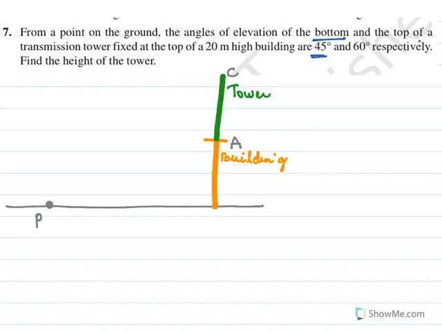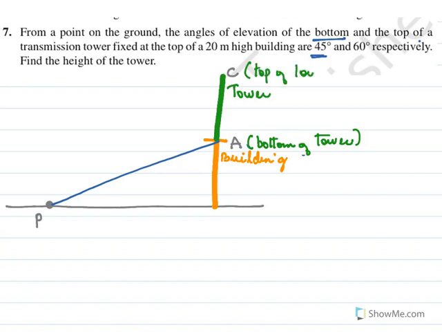From point P, I'm looking at the bottom here. A is the bottom of the tower, and this is the top of the tower. So when he's looking at the bottom of the tower, he's making an angle of 45. So this is angle 45, the angle of elevation. This is his line of sight. He's looking at the bottom of the tower. Then he looks at the top of the tower. So this is the top of the tower.